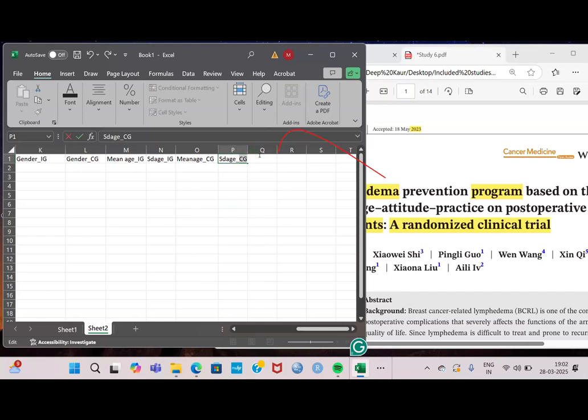Next, my outcomes are incidence of lymphedema and DASH. So incidence of lymphedema.